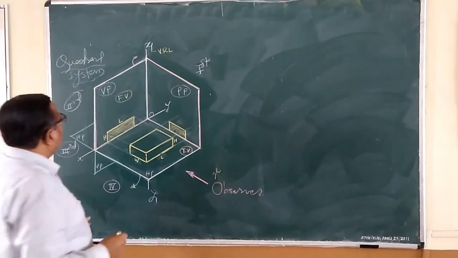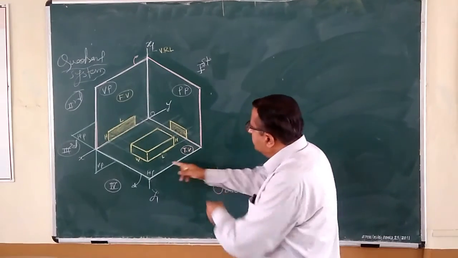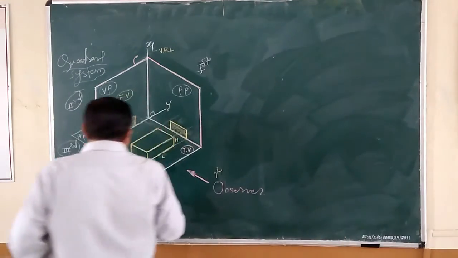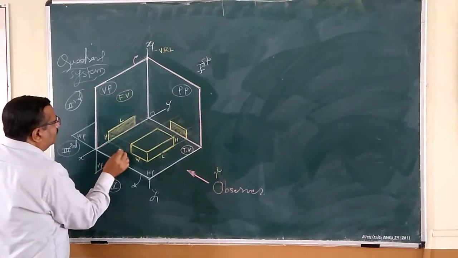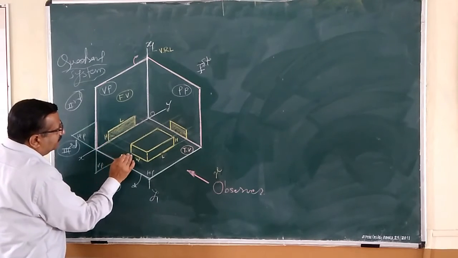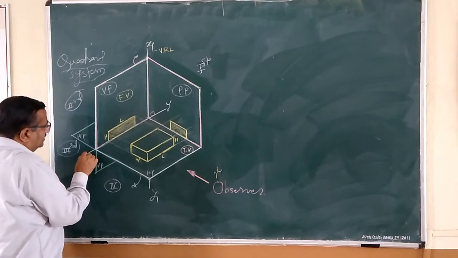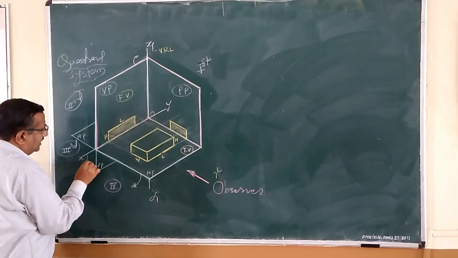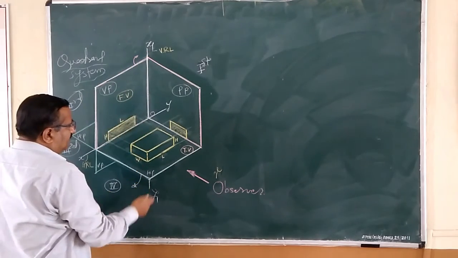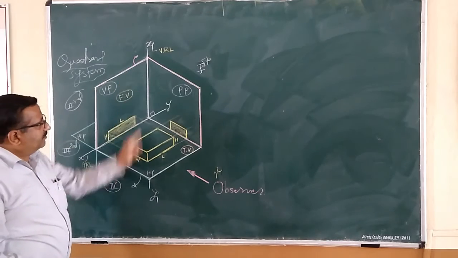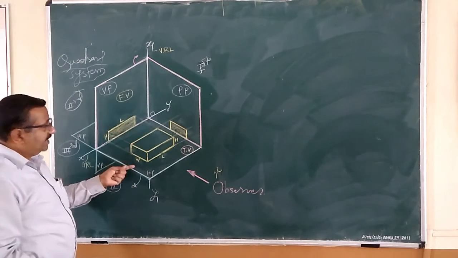Now we are going to construct its front image, observing this direction, L by H. Just like earlier, project the baseline, this top line. From the point of intersection of this projector with the HRL, which is the horizontal reference line, there is a vertical reference line, itself X1Y1. The vertical reference line is formed with the intersection of VP with PP, and the HRL is formed with the intersection of VP with HP.